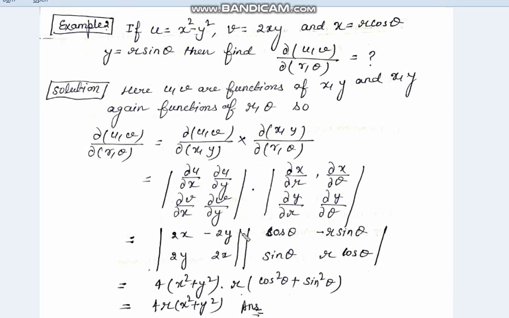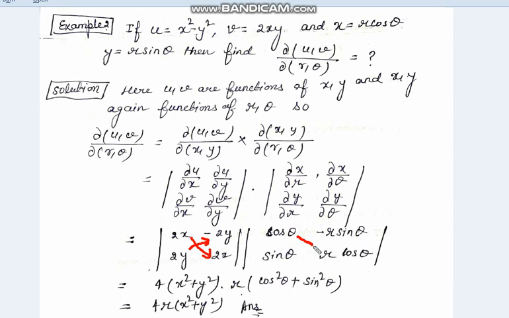Now we will find the determinant of this matrix. From here we first multiply this into this, so this is 4 times x square, and from here to here we take the minus sign also, minus minus plus, so it is 4 times y square, so we get 4 times x square plus y square.